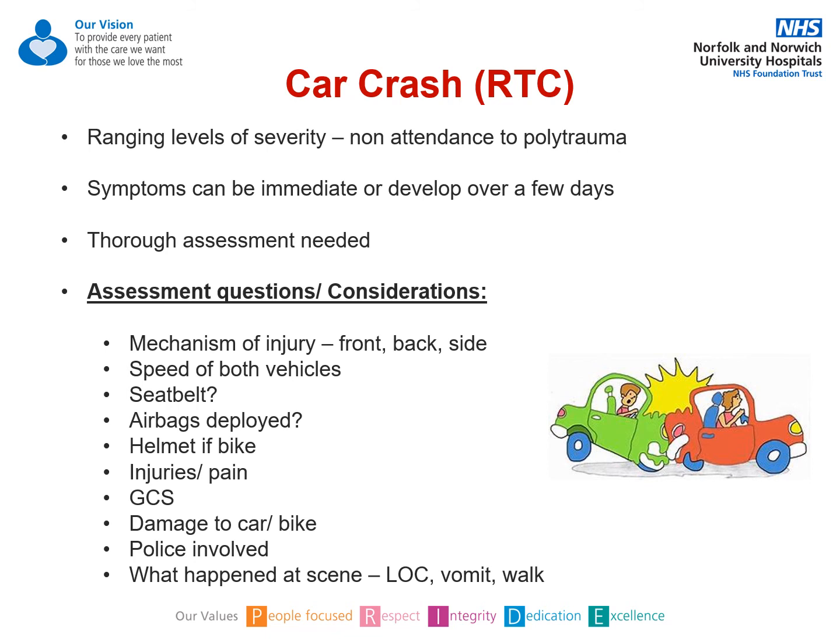The speed of both the vehicles, or as best an estimate as we can get, is really, really important. So if it's a head-on collision, both cars were going at 60 miles an hour, the impact speed is actually 120 miles an hour, and that is quite a significant amount of speed.